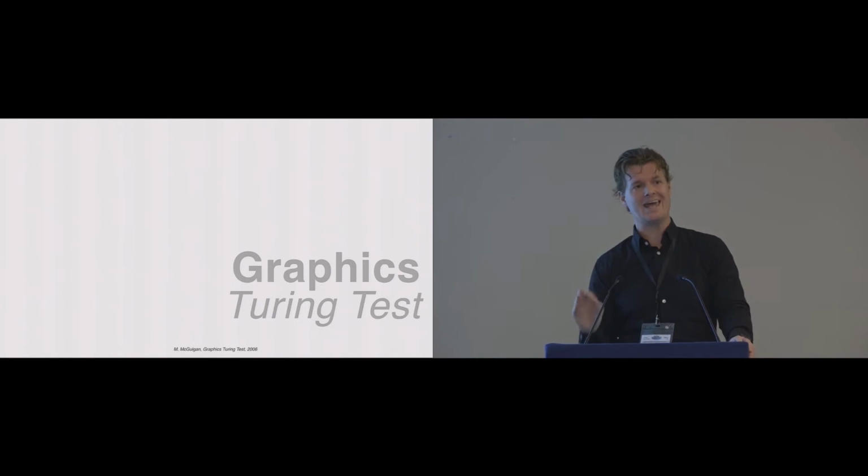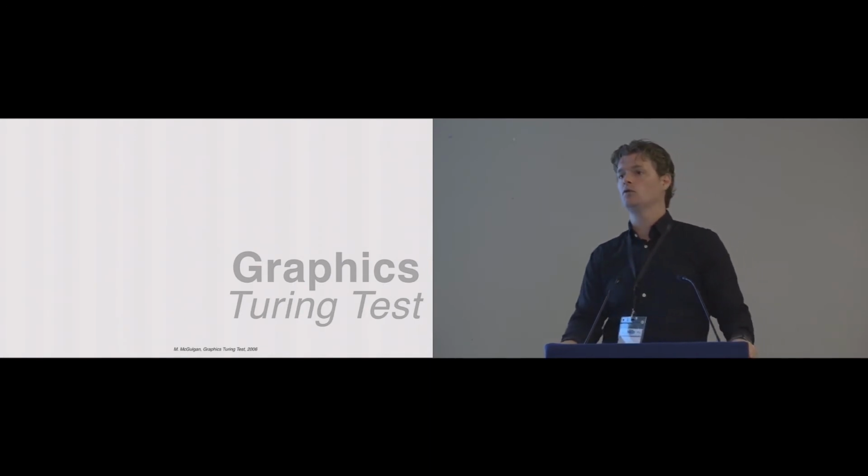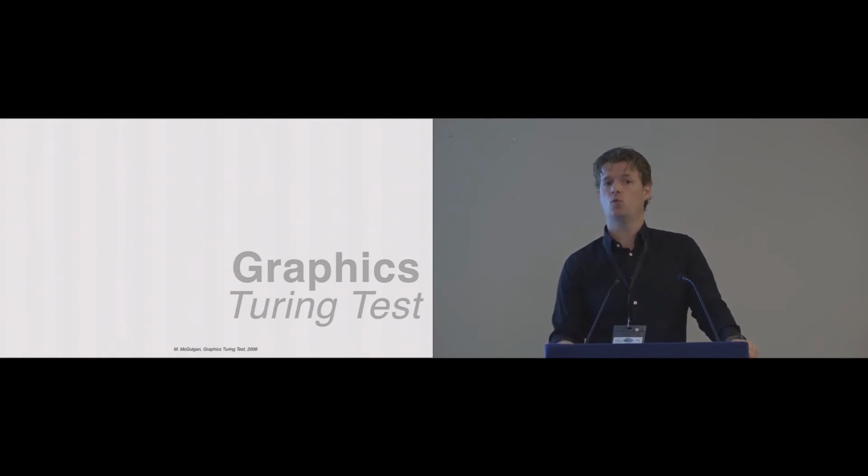So think about you play a game and you're not able to tell if this is a game or if this is a video capture of a real scenario. There was some previous work done by Michael McGuigan. They estimated that the amount of flops that you would need on your GPU would be about 0.5 to 1 petaflop of constant operations.